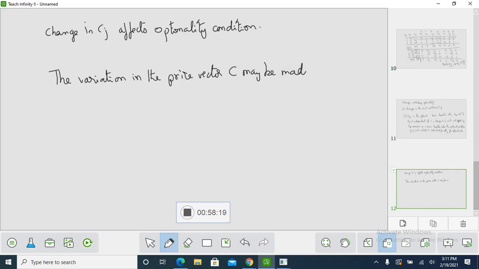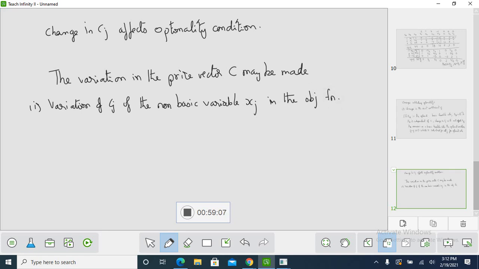Number one, variation of Cj of the non-basic variable xj in the objective function.